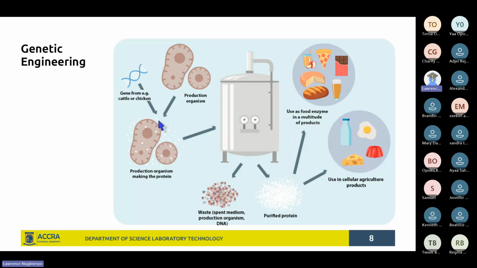So let's say you have that smaller quantity being produced, you introduce it into the big digester. All the systems are set so that you have an optimum condition, and over a certain period of time you have the bacteria producing lots of these proteins. And once you harvest, of course there is some waste.